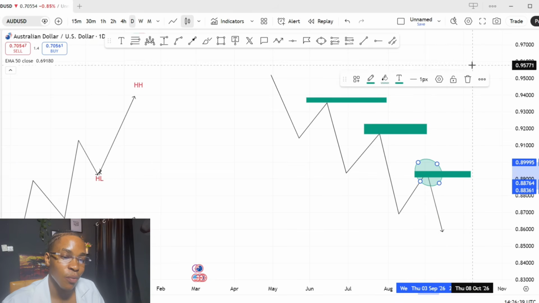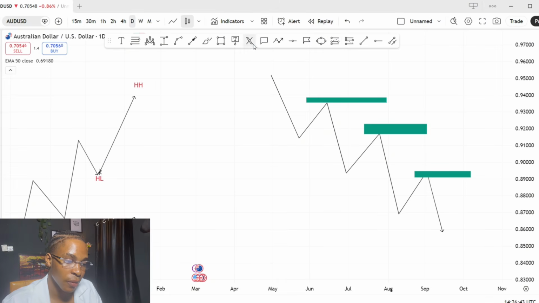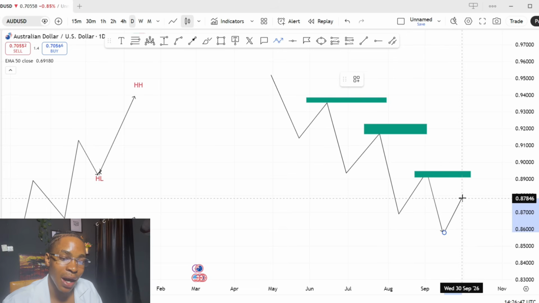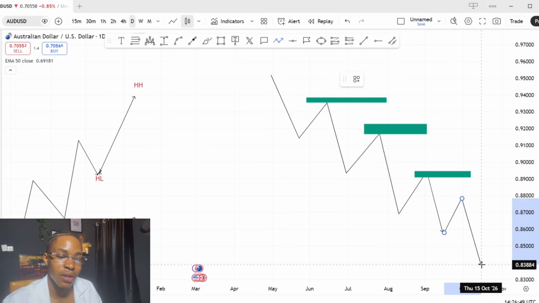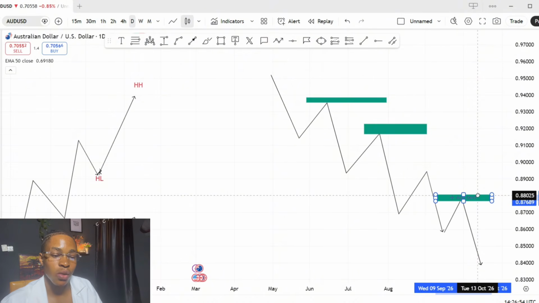So in downtrends we sell at lower highs. For example here, if you want to enter a trade, you wait for it to create a lower high and then you enter for sells. This is where you'll be making all the money, selling at lower highs.